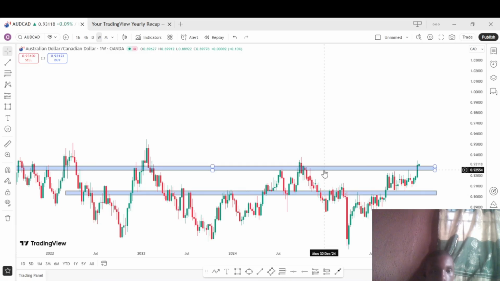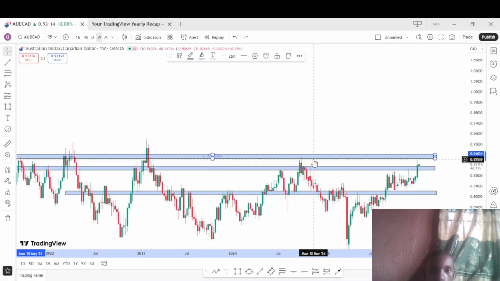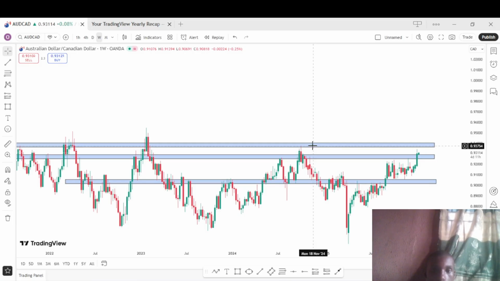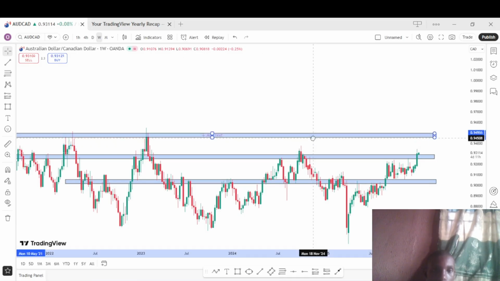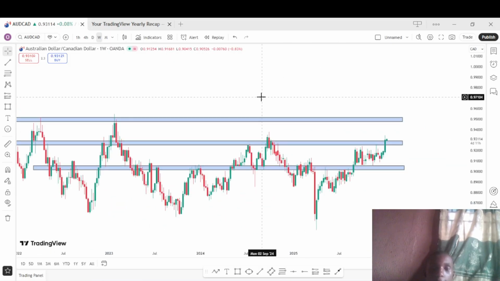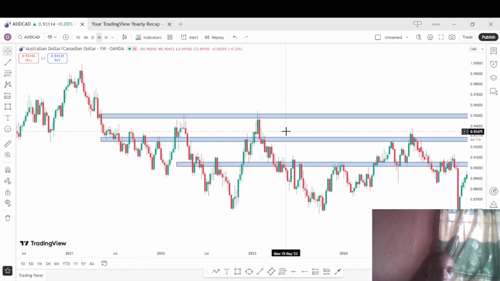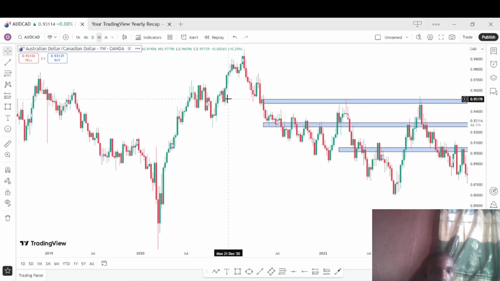From what you can see, let me clone. So this is our next major level. The market reacted here, and even if you drag it, you see it still reacted here, and on other places.